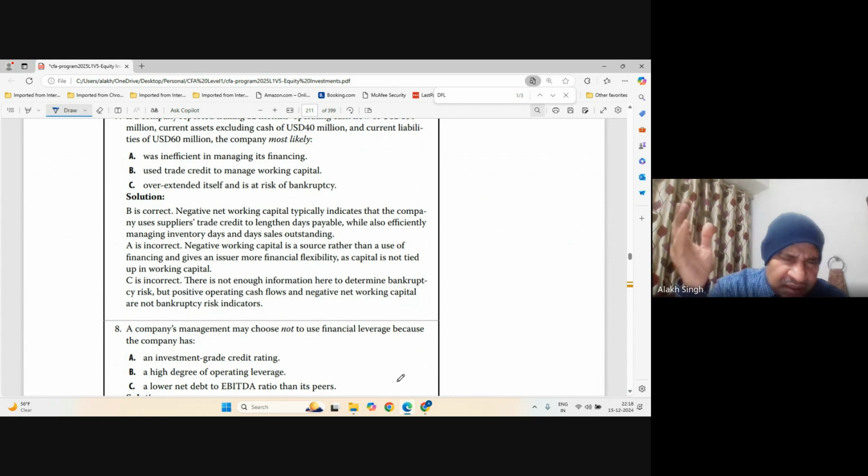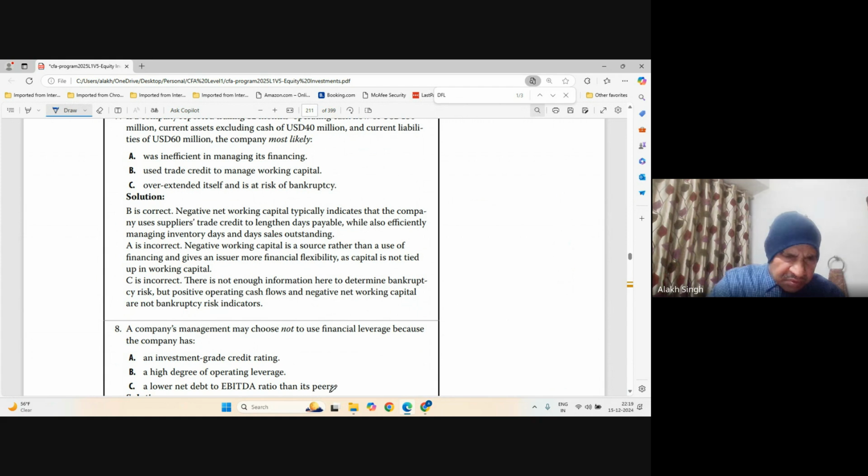If it is invested, then it should use leverage because that increases the profit. But it says may choose not to use. A lower net debt to EBITDA ratio than its peers means that it is safer, and if it is safer, then its cost of capital will be lower.